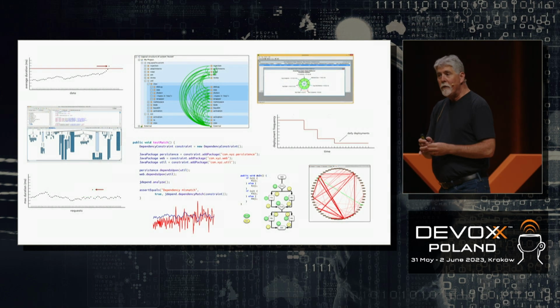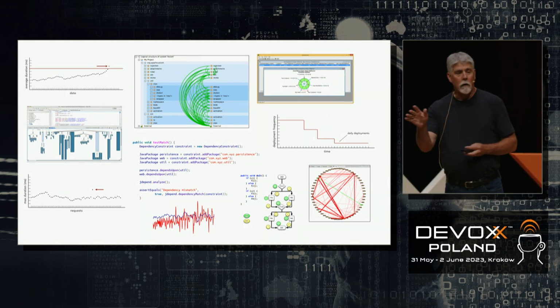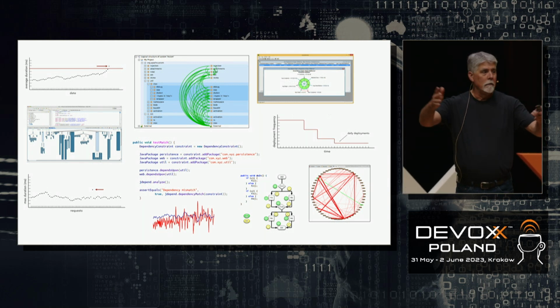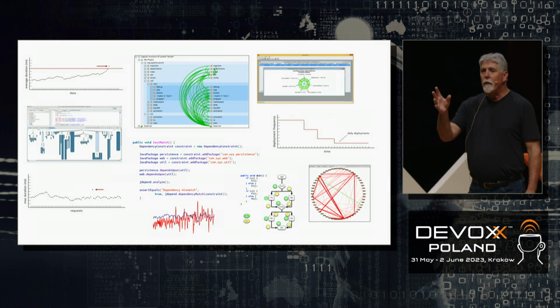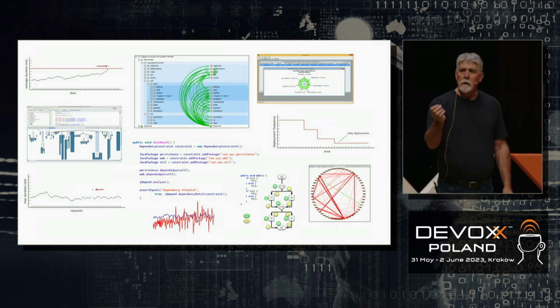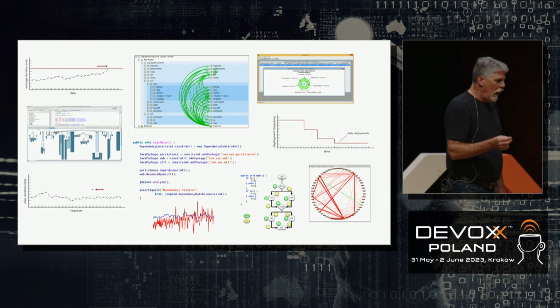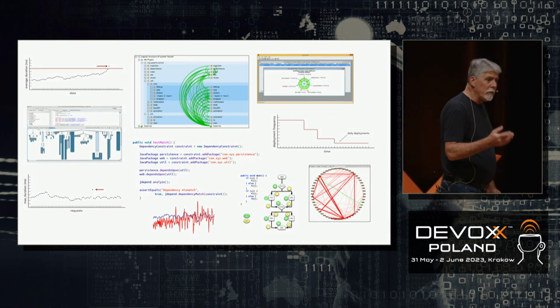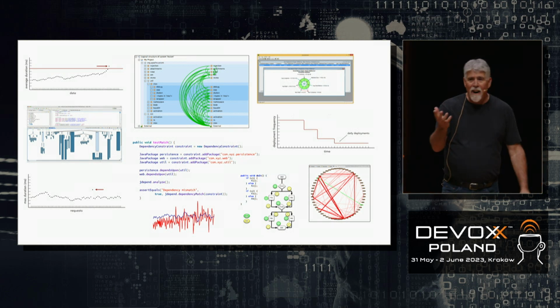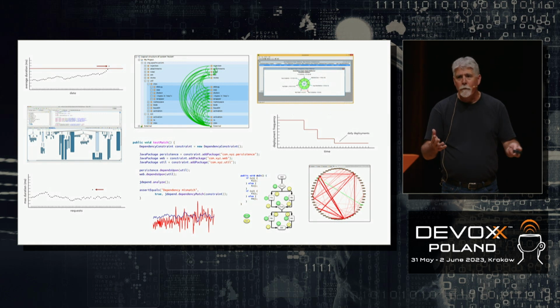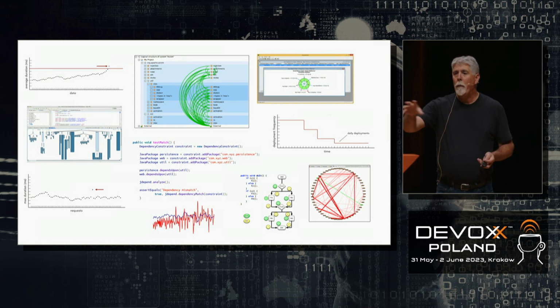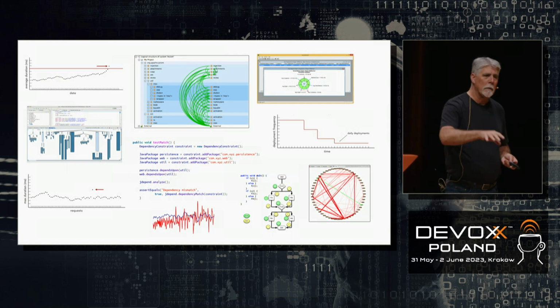Now, not surprisingly, a lot of you are currently running fitness functions. A lot of the tools that we use for observability, even Kubernetes, Prometheus, Datadog, SonarGraph, these are all tools that are running in our ecosystem that help us identify problems.